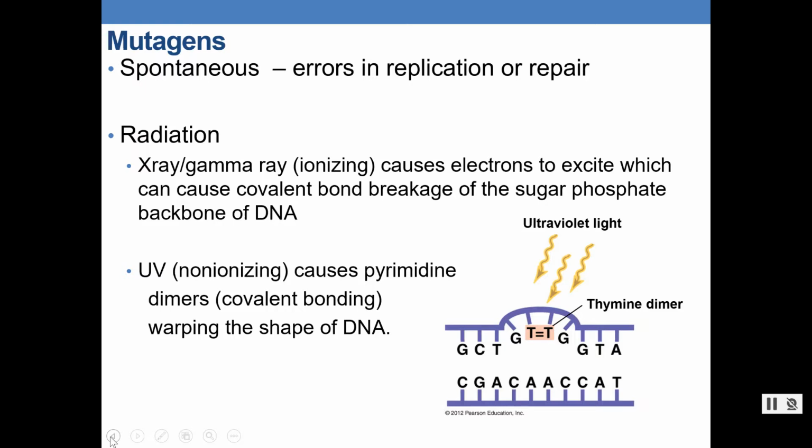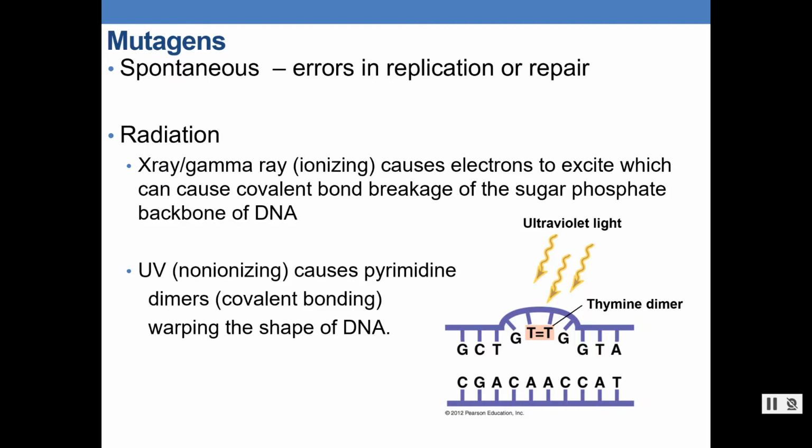One thing that can increase the mutation rate is radiation. We refer to this as a mutagen. A chemical or a physical environment that can increase your mutation rate is referred to as a mutagen. So radiation is a type of mutagen. This is why when you go to the dentist's office and it's time for x-rays, they make you wear that lead vest, and the technician steps out of the room.